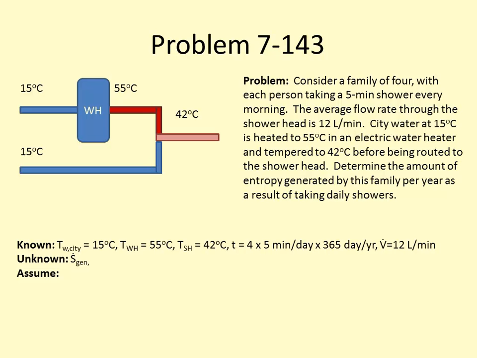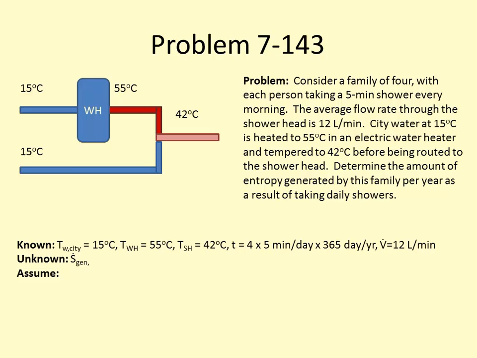Yeah. Kilojoules, not kilowatts. Okay, so 32,558 kilojoules per Kelvin times a year. So that's how much entropy is generated each year by this family of four.